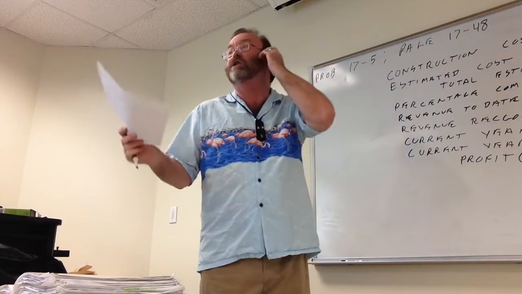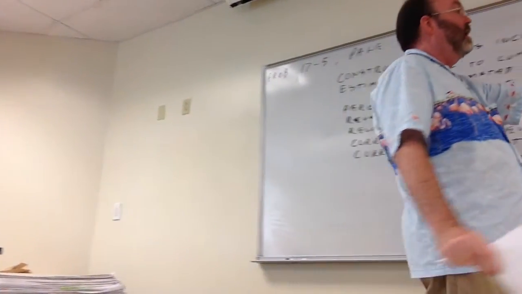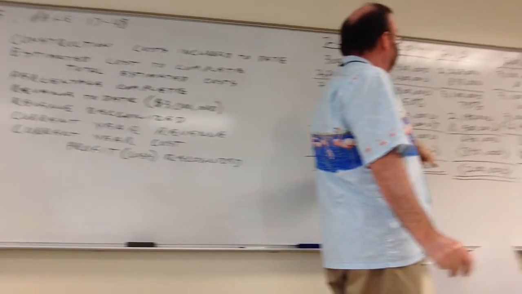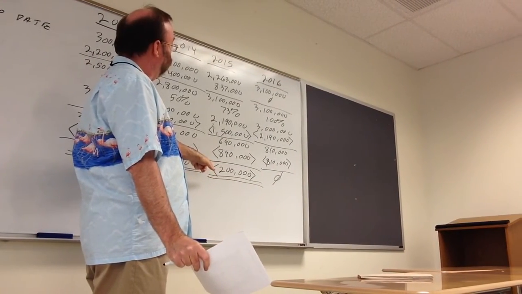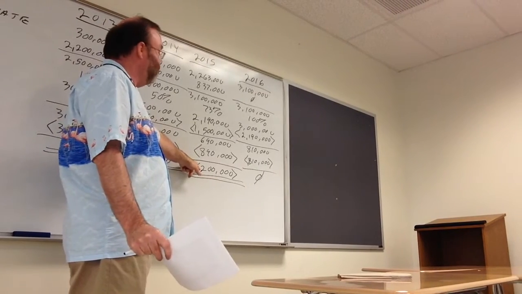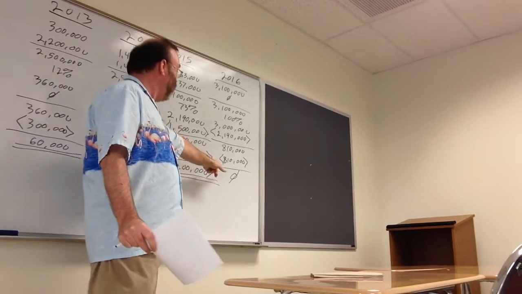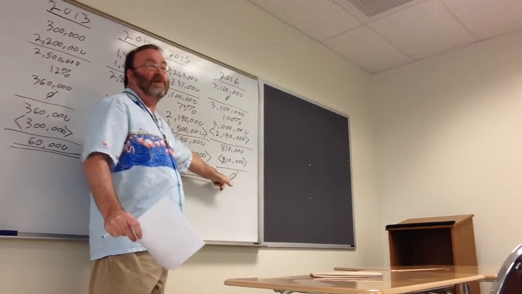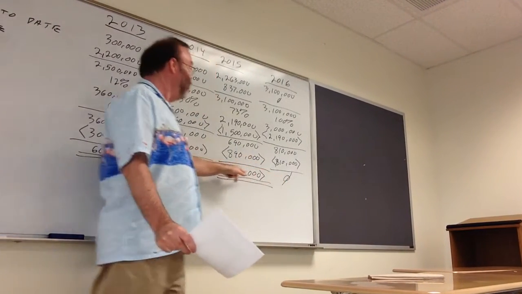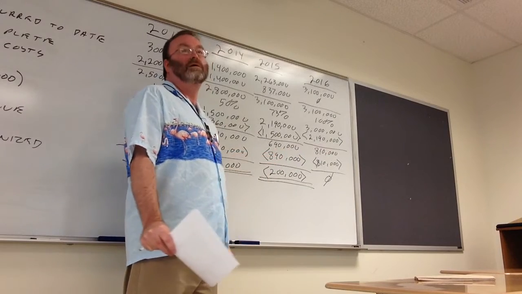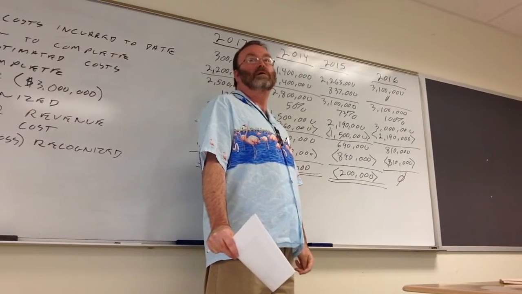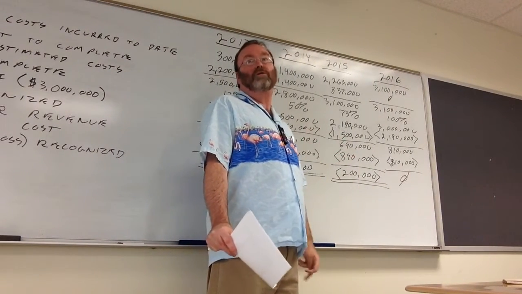It could be argued, theoretically, that you really should have only taken 163,000 here, and then 37,000 here. You could have argued that, but that's not what we're going to do.